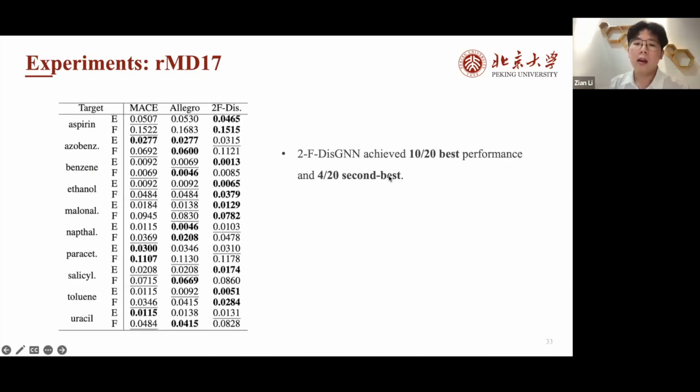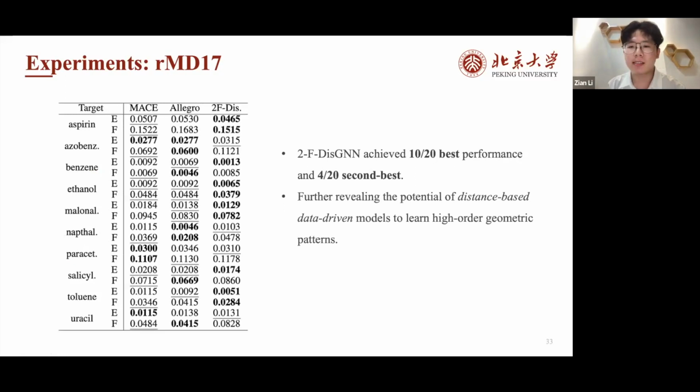So it again gets a wide range of SOTA results. This further reveals the potential of our distance-based model and our data-driven model to learn the high-order geometric patterns.